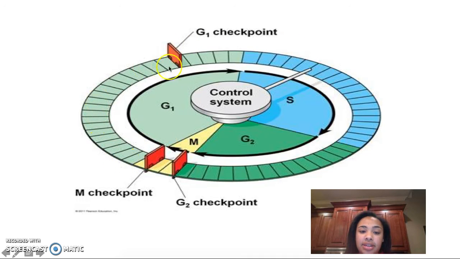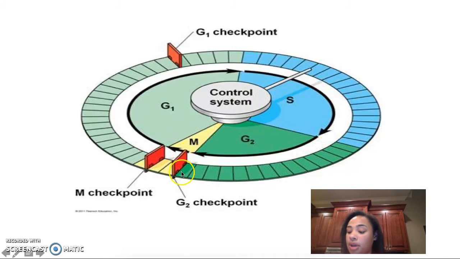Once it hits the G1 checkpoint, the GAP1 checkpoint, it's looking to make sure the cell is big enough to continue and that the environment is stable enough for the cell to continue the cell cycle. If the cell passes this test and answers these questions correctly, it will go through synthesis and go into the GAP2 checkpoint.